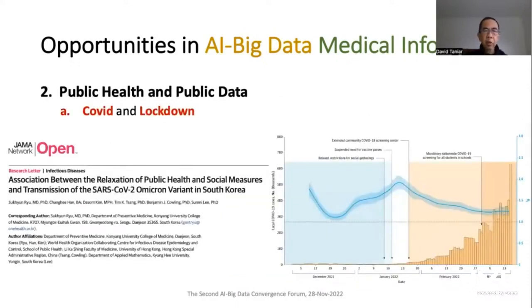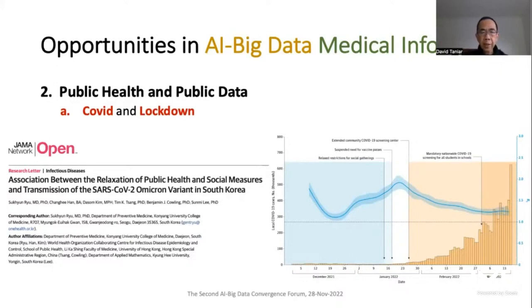The second one that I would like to touch is using public data, especially for public health. The first one is about COVID, and our work is motivated by this paper, which was published in JAMA, which is the top medical journal, written by a Korean author.